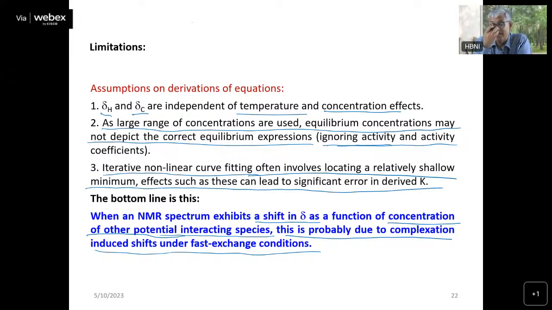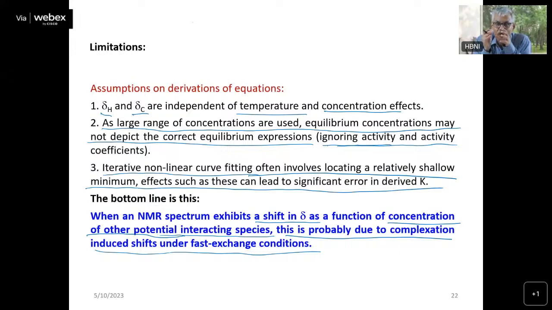So I'll stop here. Next class, I will say qualitatively what type of NMR experiments you should do to tell whether any exchange is happening, or some kind of complexation equilibria is there or not. This is a kind of physical chemistry principle which can be used for deriving various parameters to tell something about the energetics and other things.